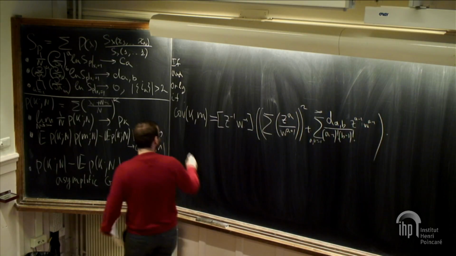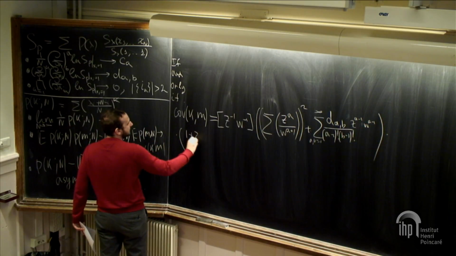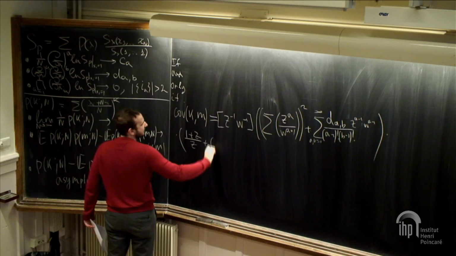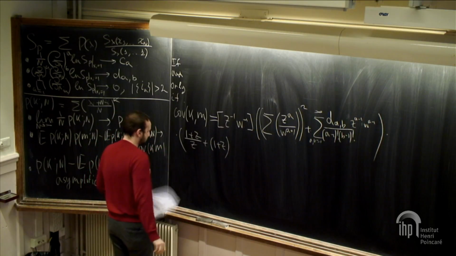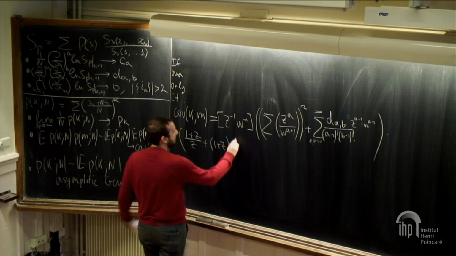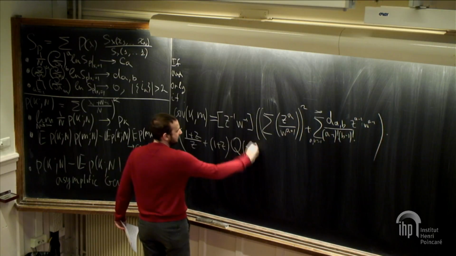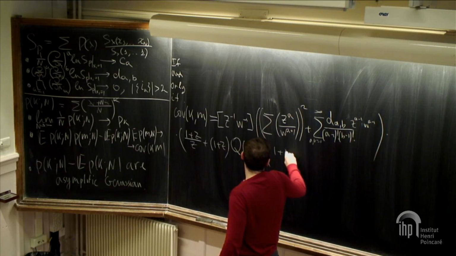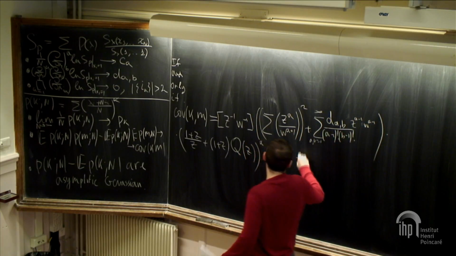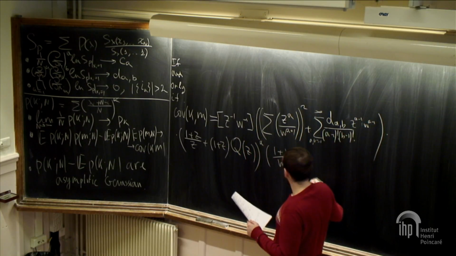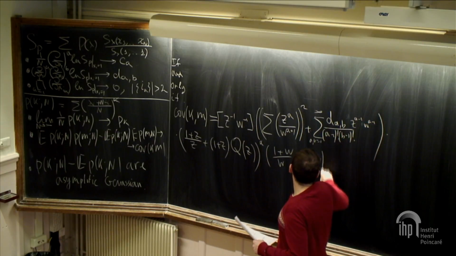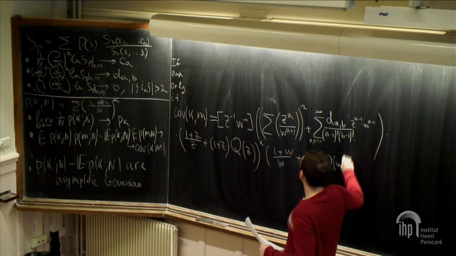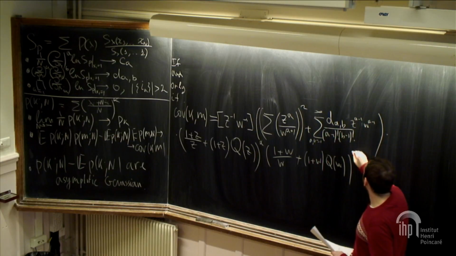There's also 1 plus z over z plus 1 plus z multiplied by, let's call it q of z, to the power k. And there is 1 plus w over w plus 1 plus w q of w to the power m.